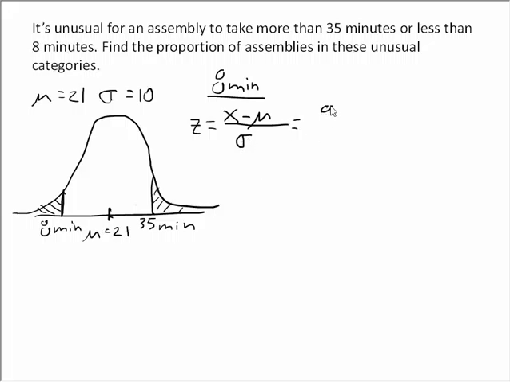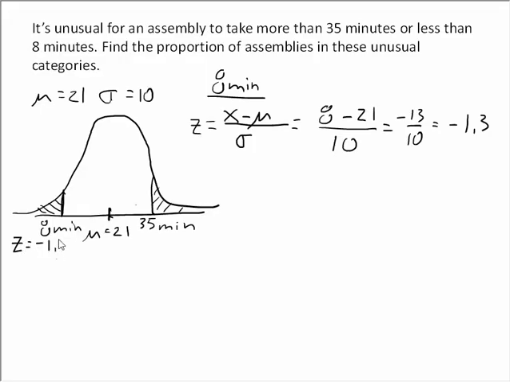We're at 8 minutes minus 21, the mean, over 10, the standard deviation. The difference here is 13, so that's negative 13 over 10, which is negative 1.3. That's the z-value corresponding with 8 minutes.